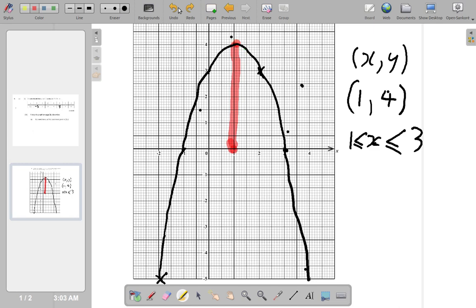Now since you're going to look at this point to find the gradient, what you will do is use your ruler, line it up with that point so that you can draw a line that touches the point.